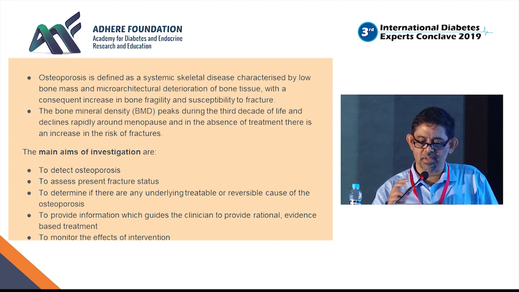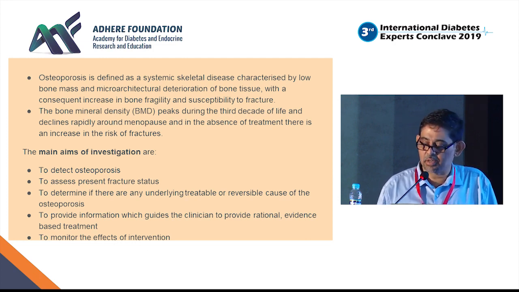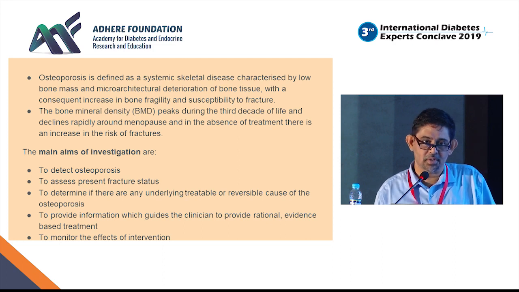So then, osteoporosis is defined as a systemic skeletal disease which basically has an abnormality in the bone mass and the bone architecture. Now, both terms are important, remember. Just the fact that someone has a high BMD does not guarantee a good bone architecture. A very good example for that is skeletal fluorosis. There are some parts of a country where you have a lot of fluorides in the water.